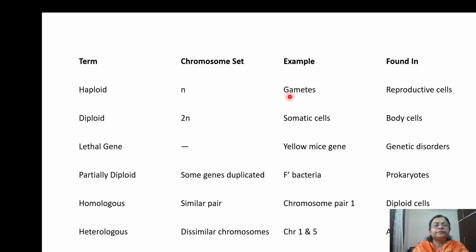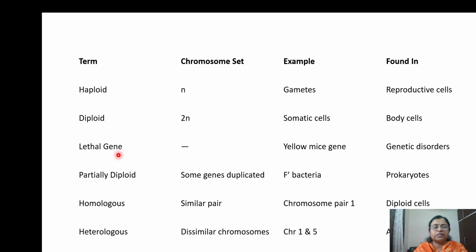For example, haploid chromosomes are present in the gametes, in sperm cells or egg cells, and they are present in reproductive cells, as I told you in the examples. Then diploid cell, which is denoted by 2n, means the chromosome sets present accordingly. Example is a somatic cell, which is found in body cells.